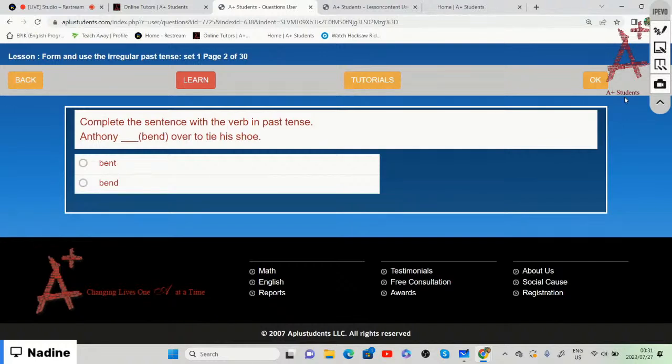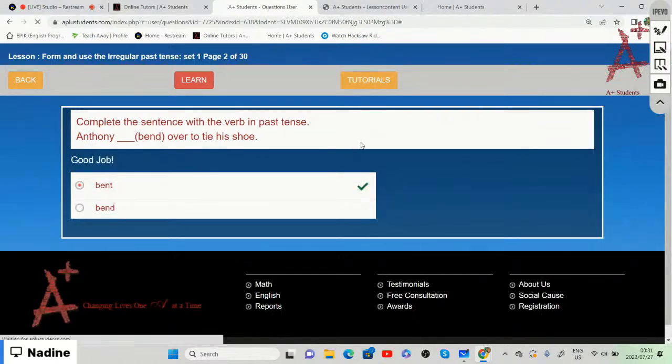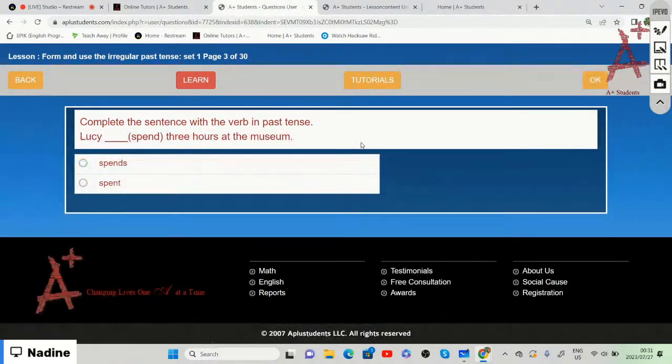If we choose the correct past tense form of the word bend, that word is going to change from bend to bent. He bent over to tie his shoes. So bent shows irregular.